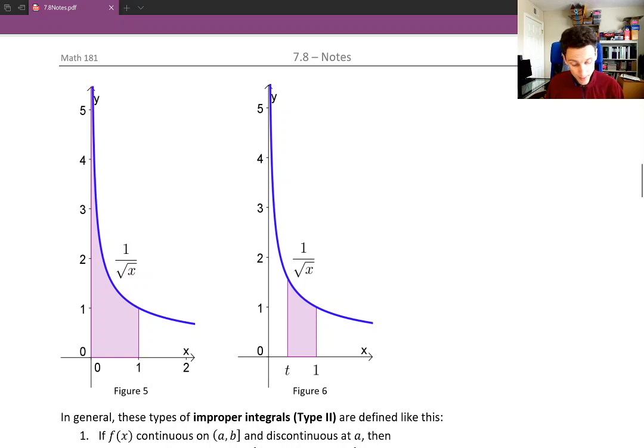Well, just like the type 1 improper integrals, we're going to take that x value where there's a problem, which in this case is x equals 0, replace it with a letter like t, and then take the limit as t approaches that x value. So as t approaches 0 from the right in this case.